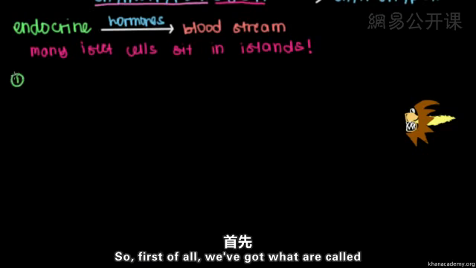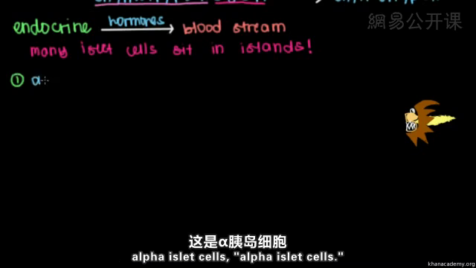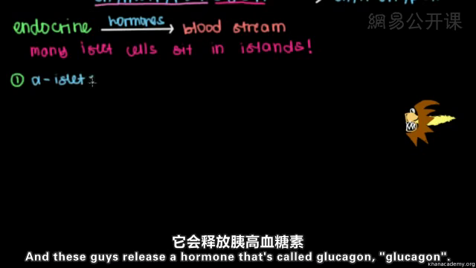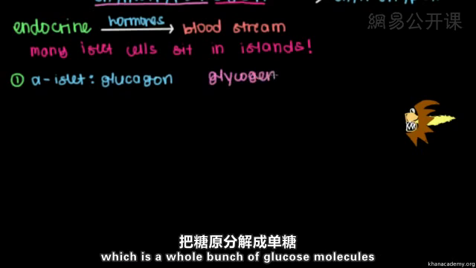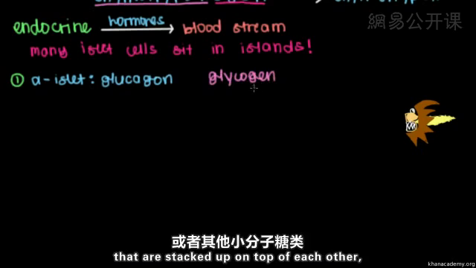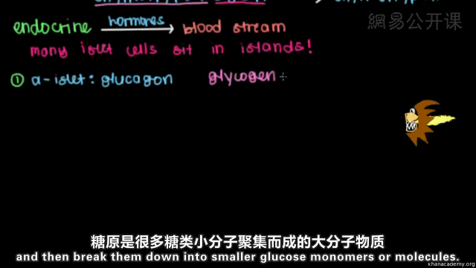So first of all, we've got what are called alpha islet cells, and these guys release a hormone that's called glucagon. The main function of glucagon is to take things like glycogen, which is a whole bunch of glucose molecules stacked up on top of each other, and break them down into smaller glucose monomers.